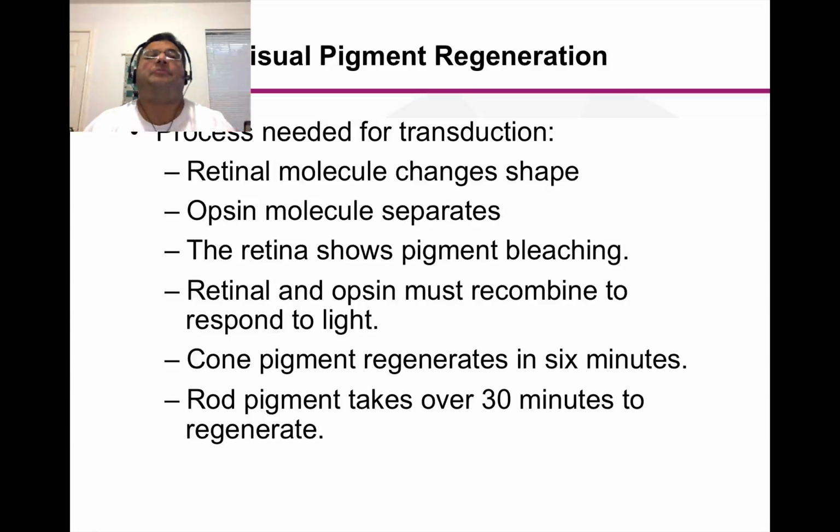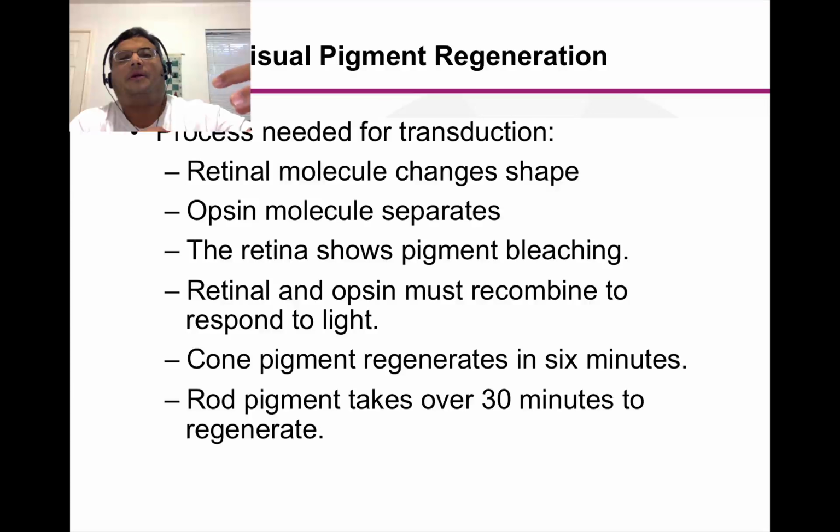Visual pigments. Remember, the visual pigments are these proteins that live in the rods and cones, and these visual pigments are the molecules that, when they get hit by a photon, they change shape, and that causes a cascade of events, which leads to a neural firing. So the molecule changes shape. Once the molecule changes shape, the opsin and the retinol separate from each other.